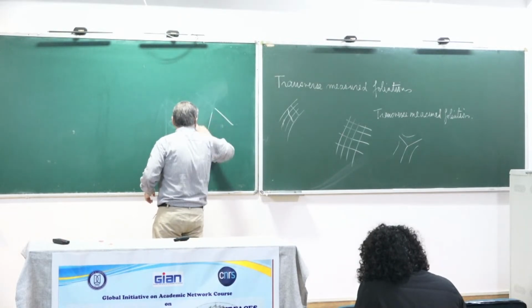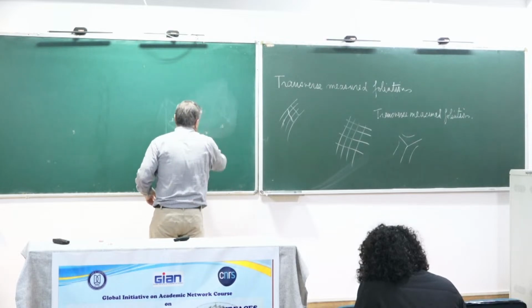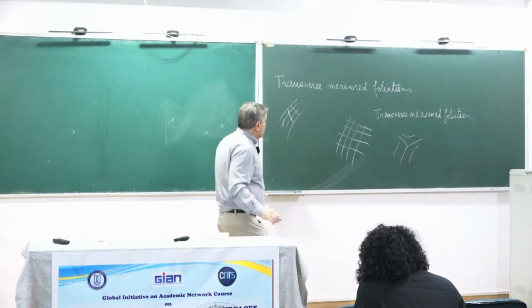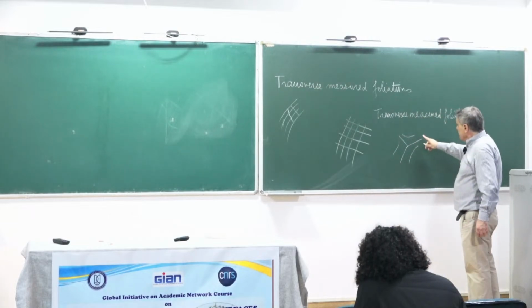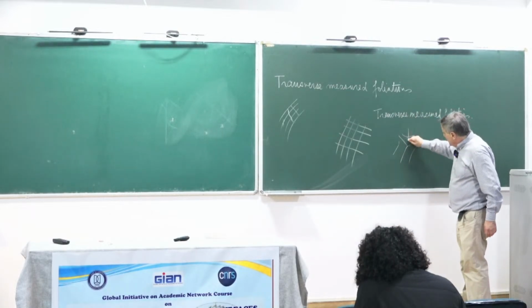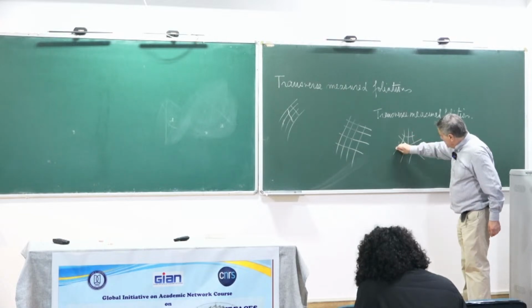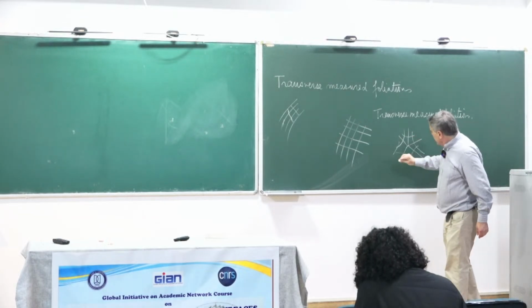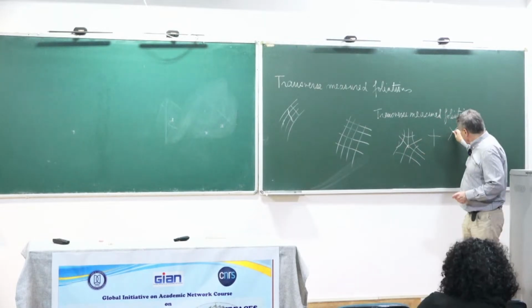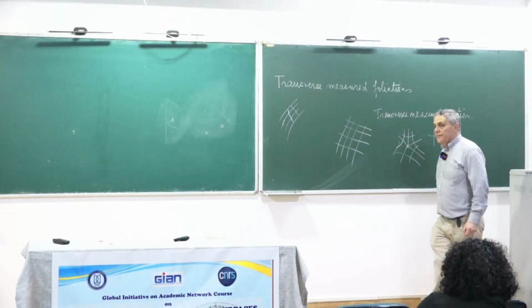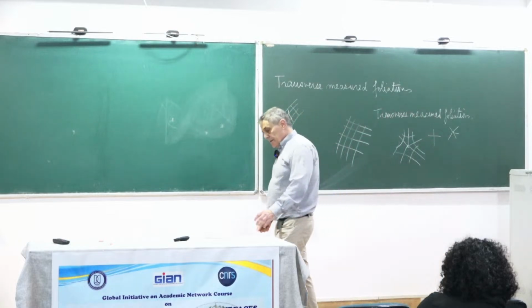You can think of intersecting with a positive angle. So we have two measured foliations, and locally it's like this. Okay, so I have transverse measured foliations.